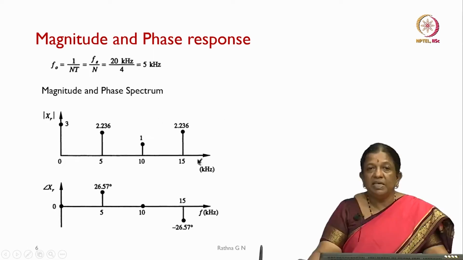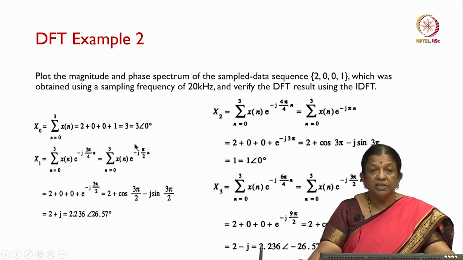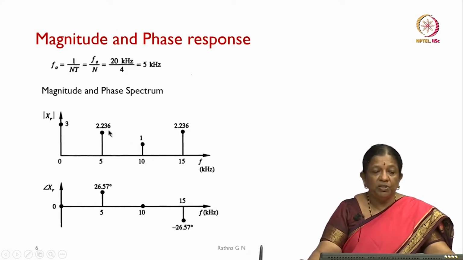So the frequency axis will have points 0, 5, 10 and 15 kilohertz. We have 4 points for our magnitude. The magnitude of X of r is going to be 3 first, and the second one is 2.236, then 1, and then 2.236.